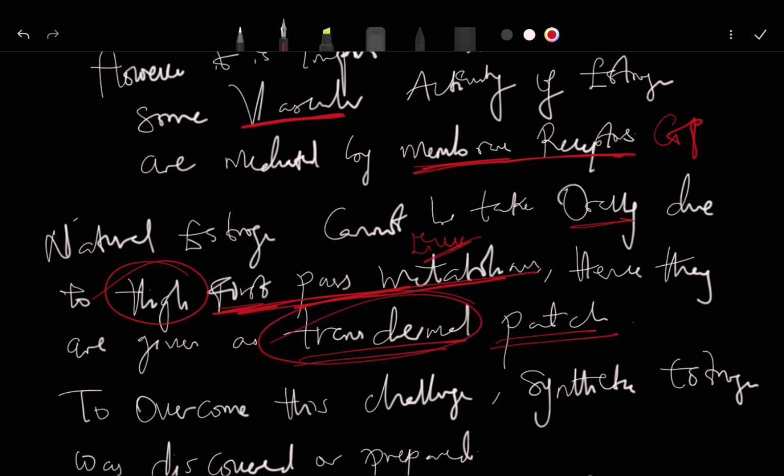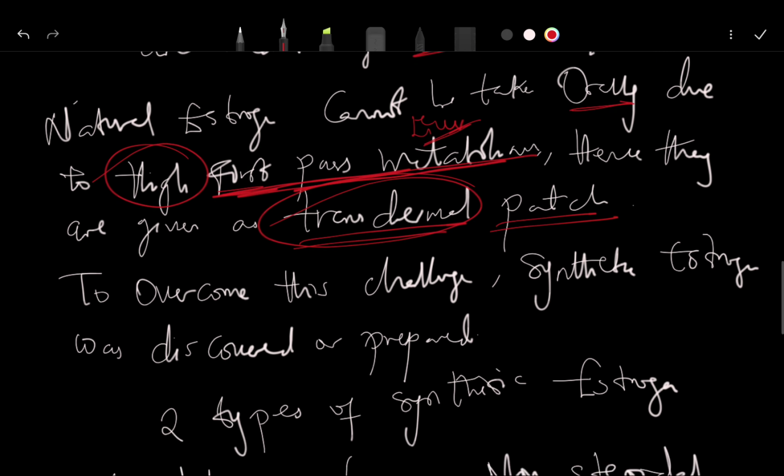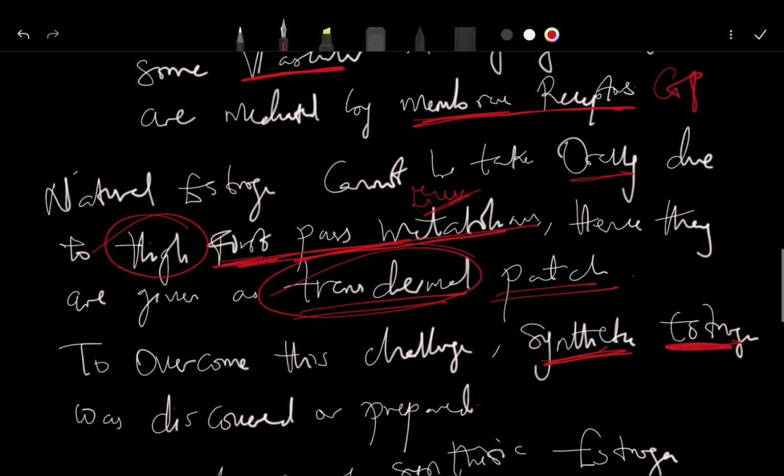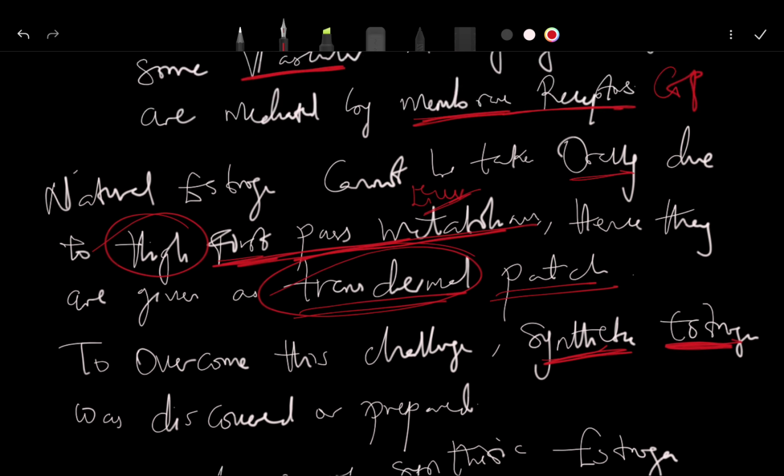Now, to overcome this challenge, we look for ways to synthesize estrogen. So we have certain synthetic estrogens, which we can now give orally. But for the natural estrogens, due to their high first pass metabolism, meaning they have a low bioavailability, we only give them transdermally.